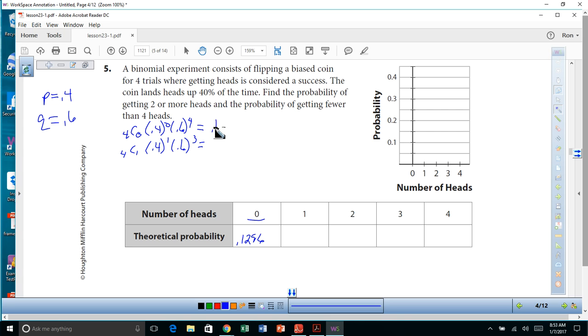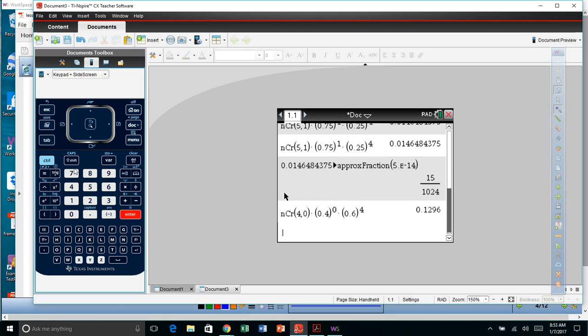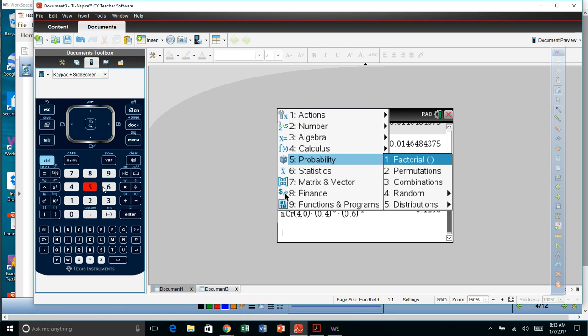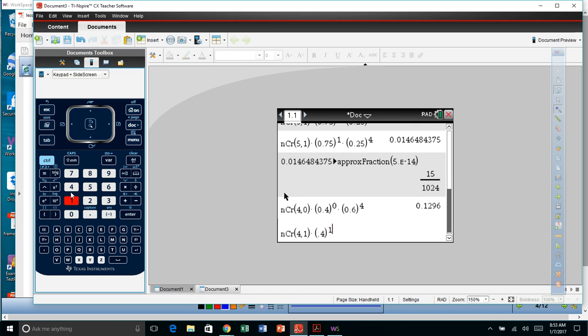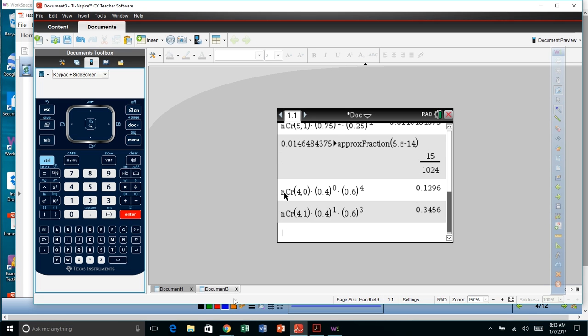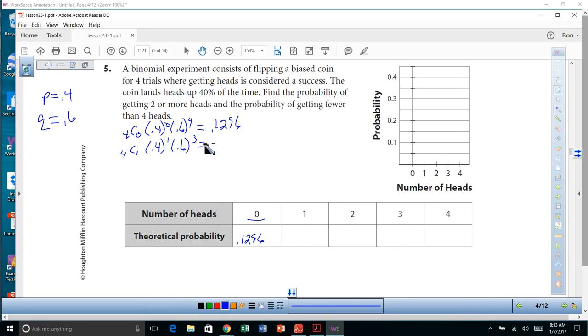4 choose 1, 0.4 to the first power, 0.6 to the third power. And let's try this one here. Menu 5, 3, 4, comma 1, close parentheses, times open parentheses 0.4, close parentheses, caret 1, times open parentheses 0.6, caret 3, and that gives you 0.3456.